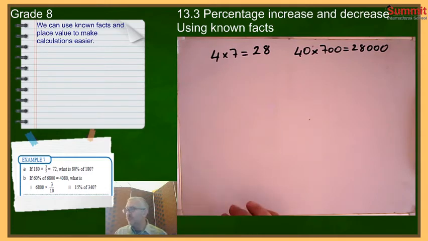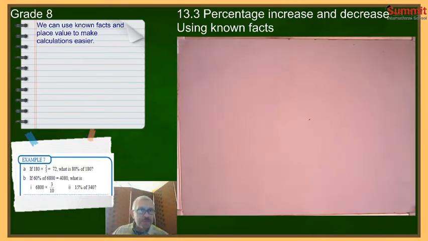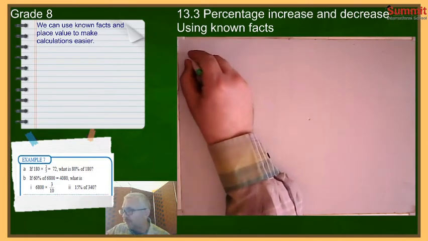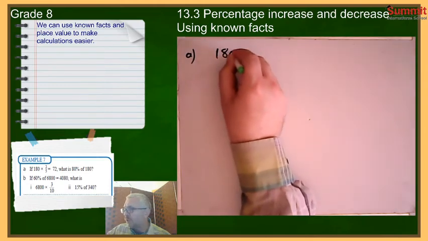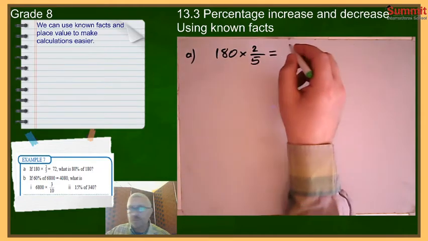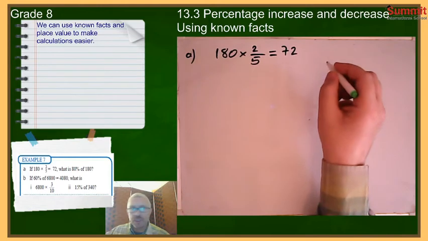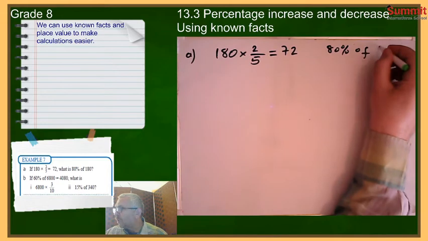Our example is on the screen. What is the question? The question is, if 180 multiplied by 2 over 5 is equal to 72, what is 80% of 180? Let's write A here: 180 multiplied by 2 over 5 is equal to 72. The question is, what is 80% of 180?